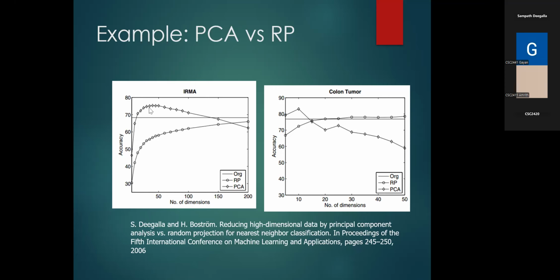So there's a peak that we can observe. When we use random projection, it's simply randomly projecting, and you can notice that the accuracy keeps on increasing. We tested about 200 features.